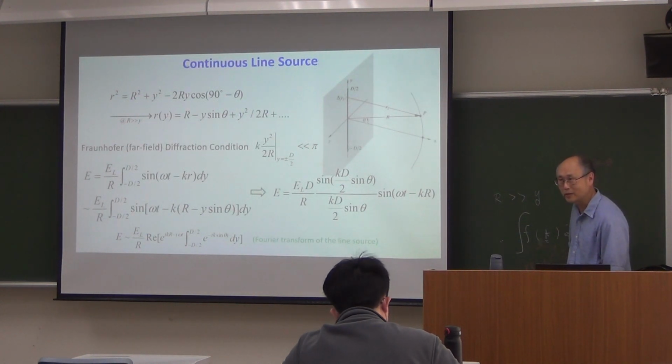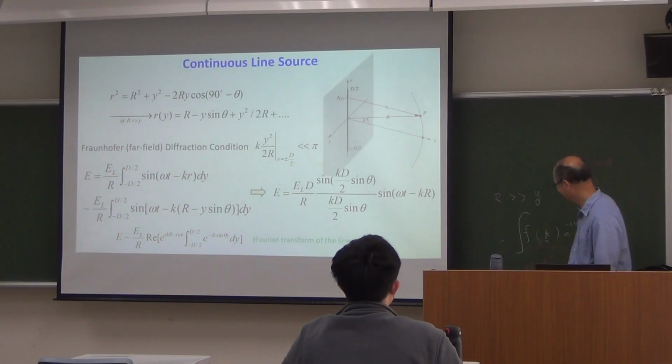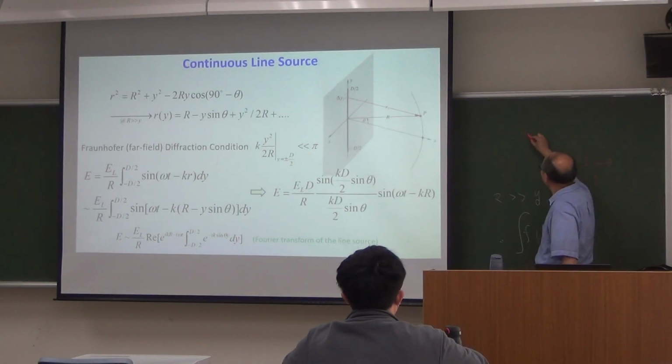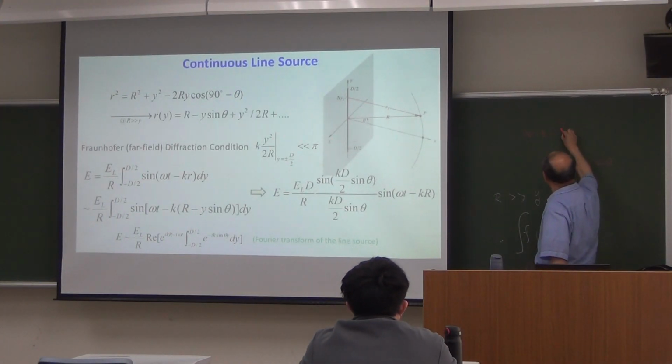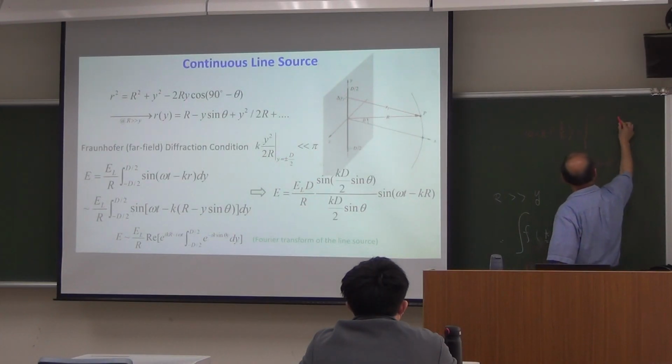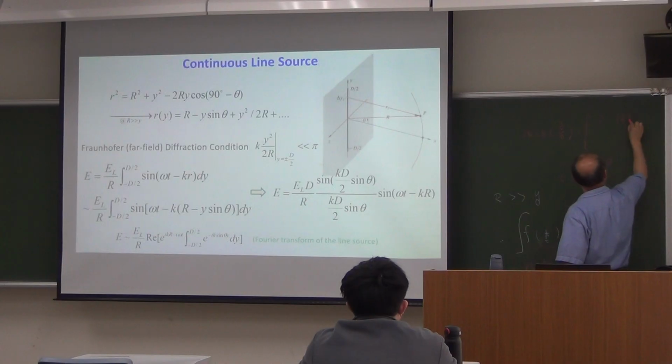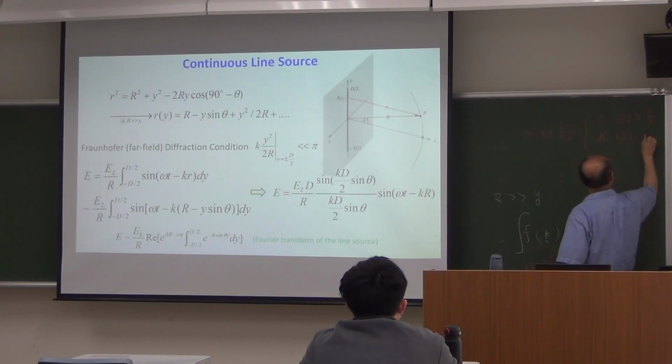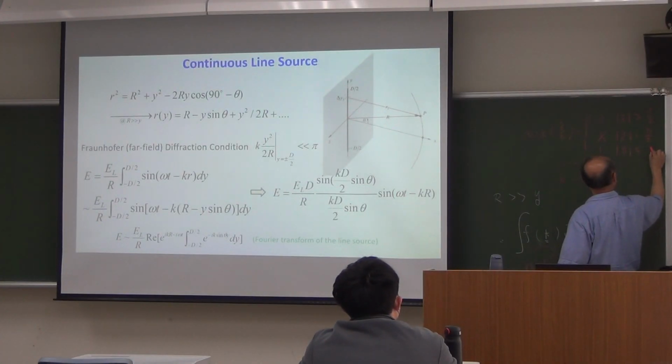Are you familiar with the rectangular function? Yes. It is zero for the absolute value of y larger than b over 2, one half at y equal to plus or minus b over 2, and one inside.